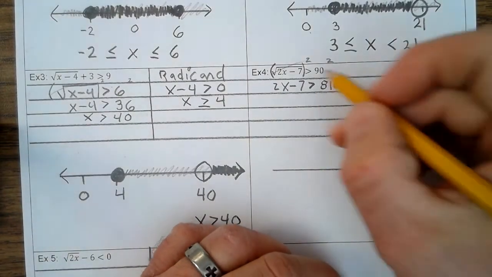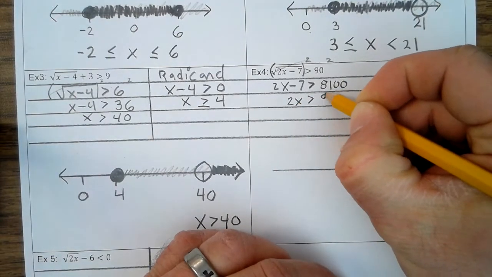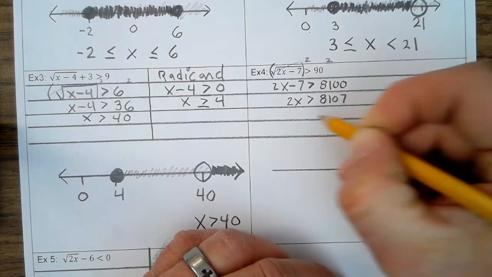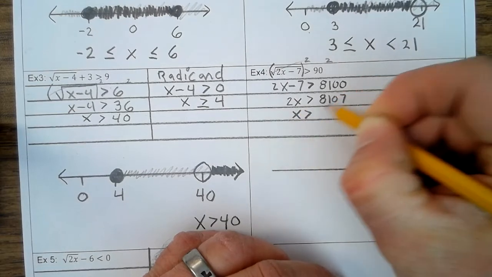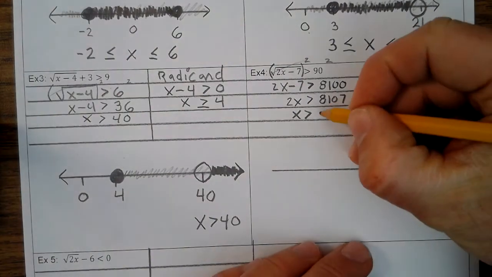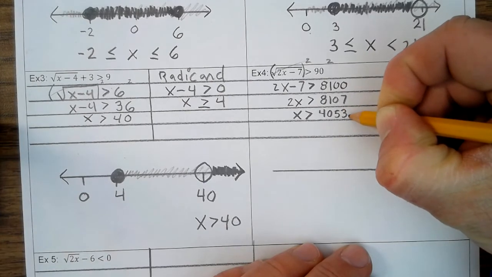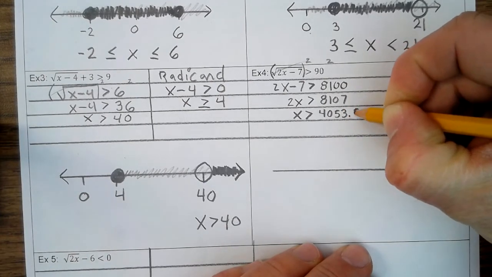So then we add 7 to both sides, so you get 2x greater than 8,107. Then you divide by 2, x is greater than 4,053.5.